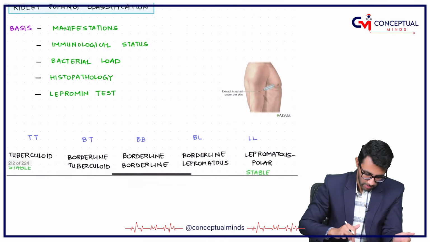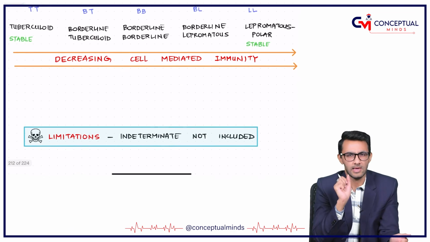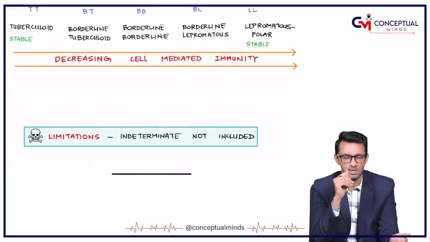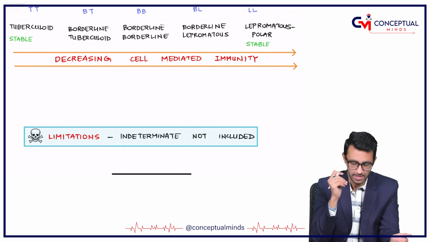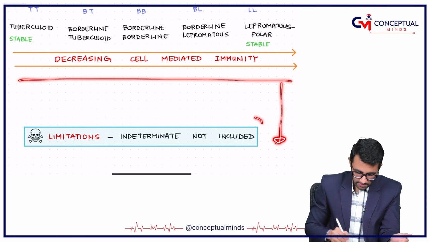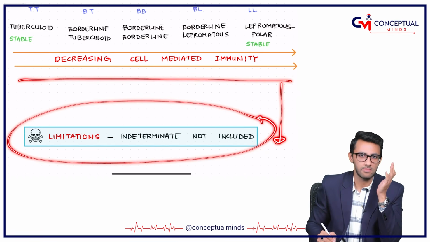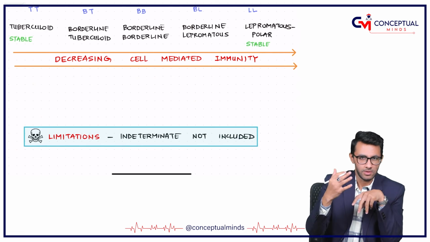Now let us come to the actual classification in the Ridley-Jopling one. The above ones you can see are the determinate types, and the one at the bottom is the indeterminate type. That is only one. Usually, even I myself, when I read this the first time, did not understand it the way I'm explaining to you.